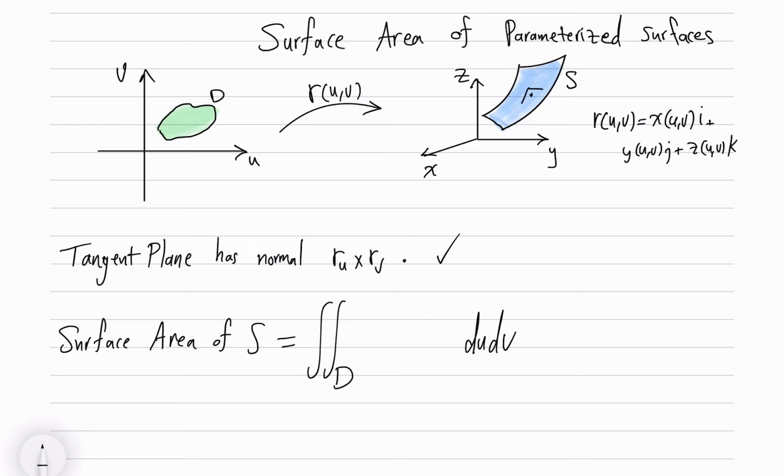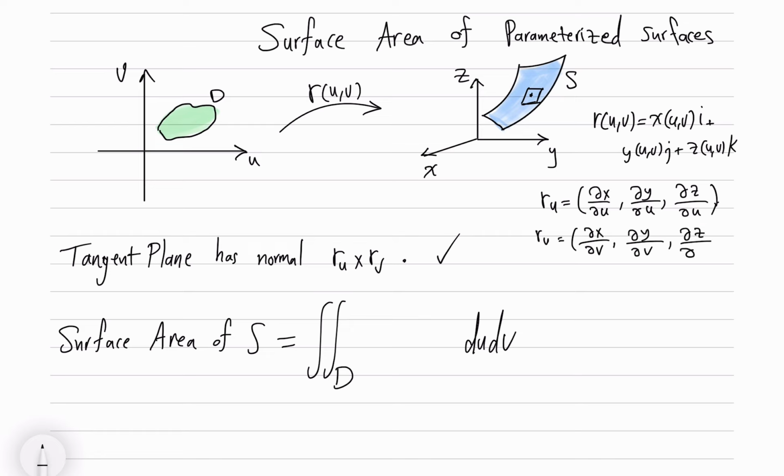surface, we can easily find the tangent plane, because the normal to the tangent plane is this magical vector r_u cross r_v, where r_u means the vector of partials of the coordinates with respect to u, and r_v is just the analogous vector with partials with respect this time to v.